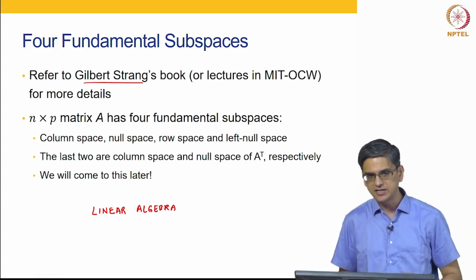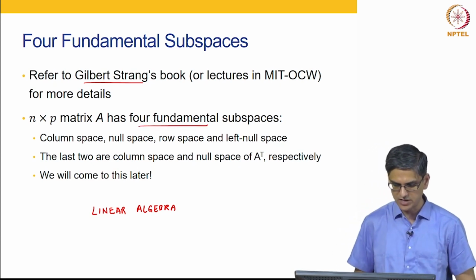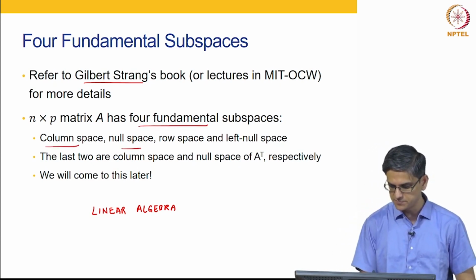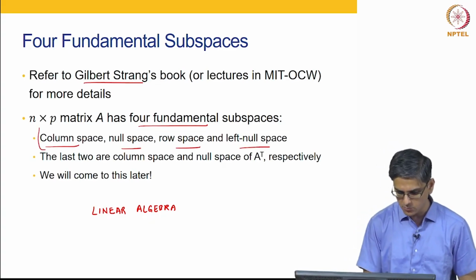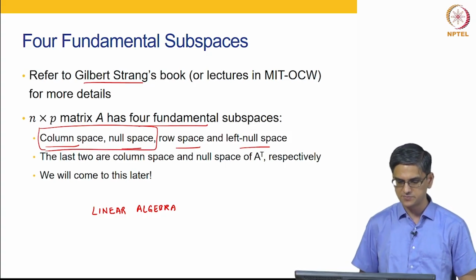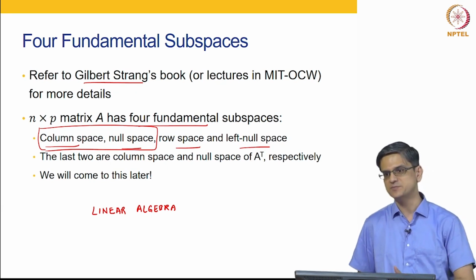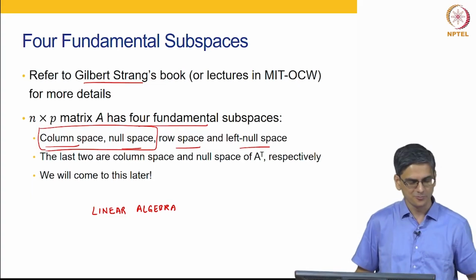If you have done a linear algebra course, you would have heard about the 4 fundamental subspaces. The 4 subspaces are column space, null space, row space and left null space. We are only going to talk about column space and null space. Why? Because row space and left null space are nothing but column space and null space of A transpose. If you have not understood this, perfectly fine.